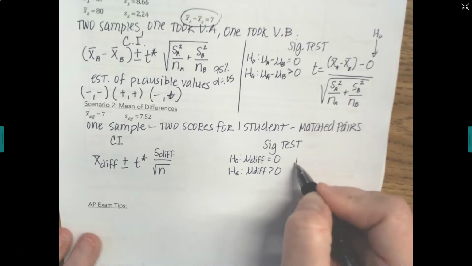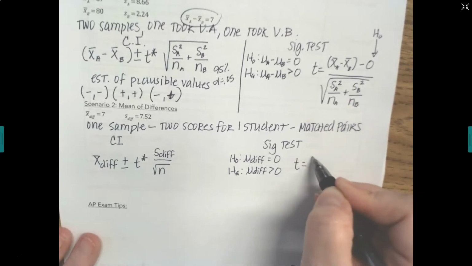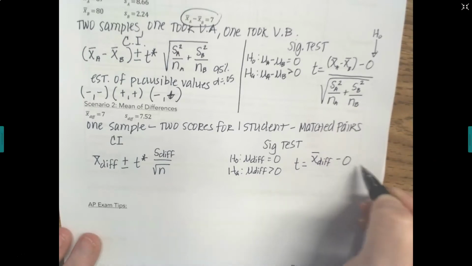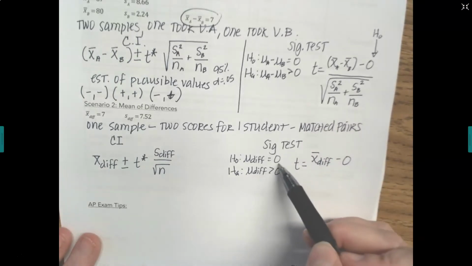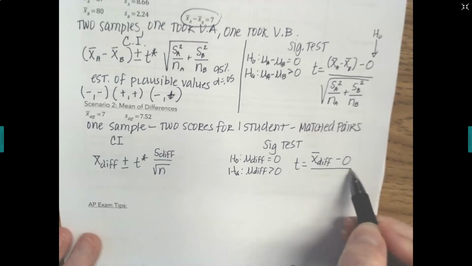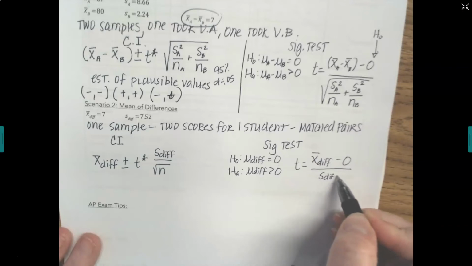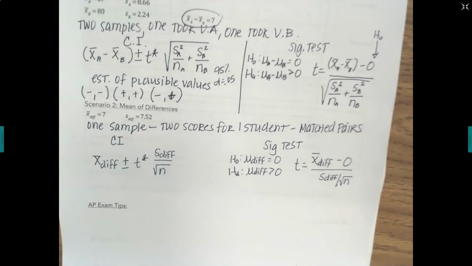To find your test statistic, it's a t, x bar diff, minus 0, because again 0 is the claim right here. And then your standard deviation, this is one sample, so it's standard deviation of the differences divided by the square root of the sample size.